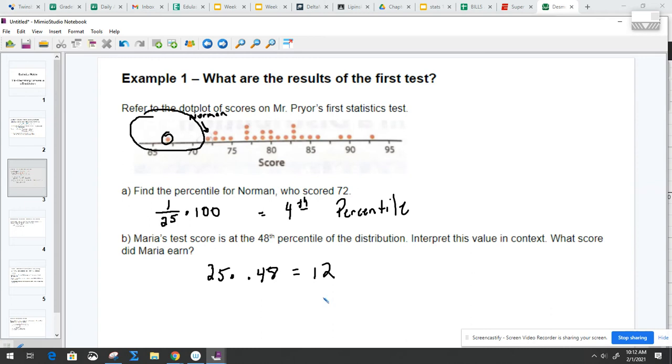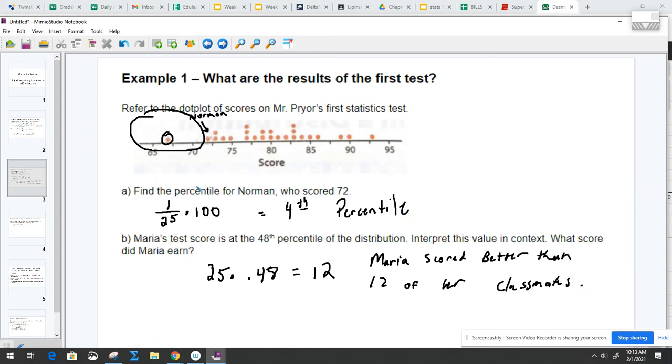So interpret this value in context. What does this mean? It means Maria scored better than 12 of her classmates. Now, if we go back to the data, it wants to know what score Maria earned.